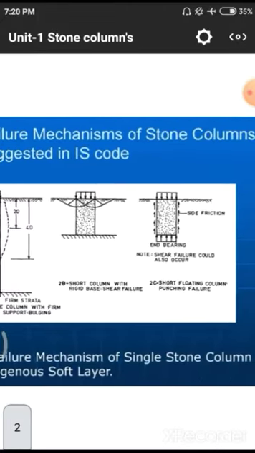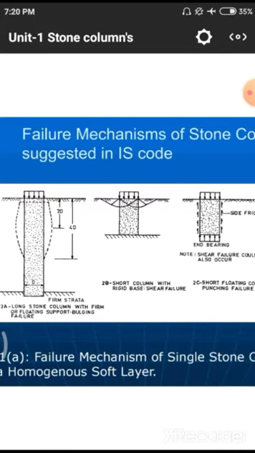These three diagrams show the arrangement of stones in a particular field. After that, the load is applied on a particular stone column with the help of these arrows. After the load, columns normally fail mainly due to buckling. Because the stone column is bearing a particular amount of load, it buckles at a particular depth.